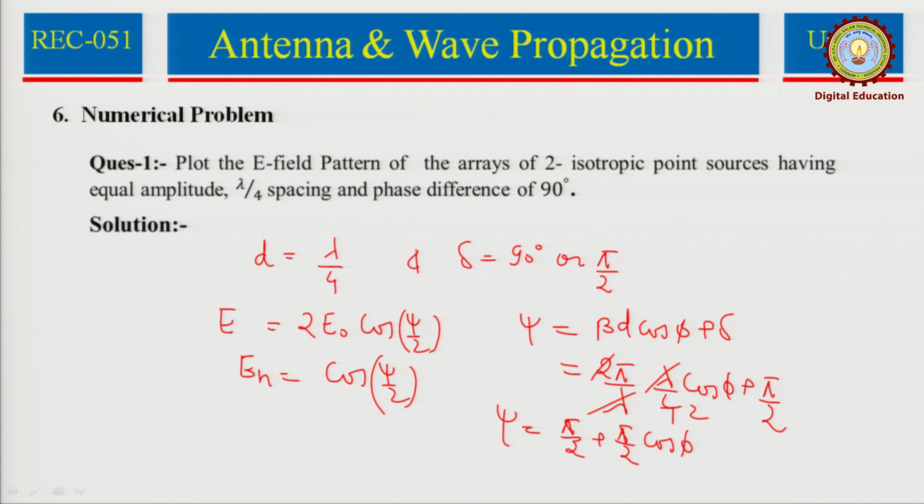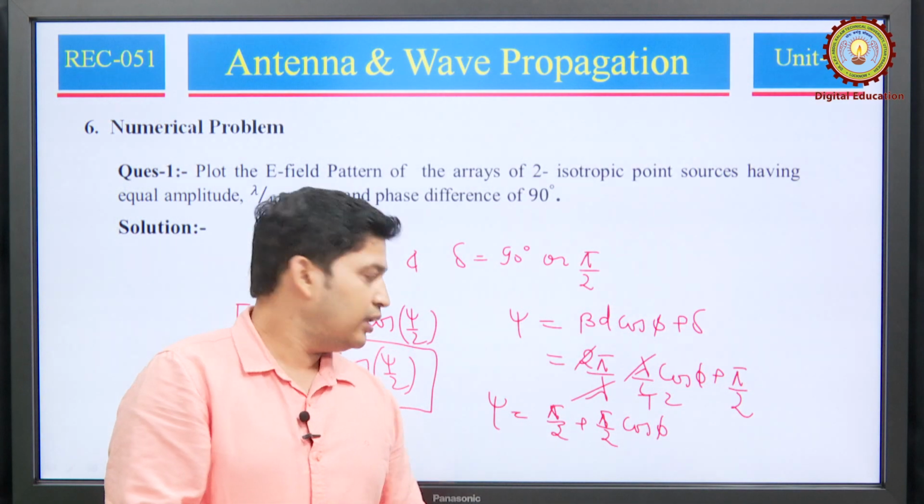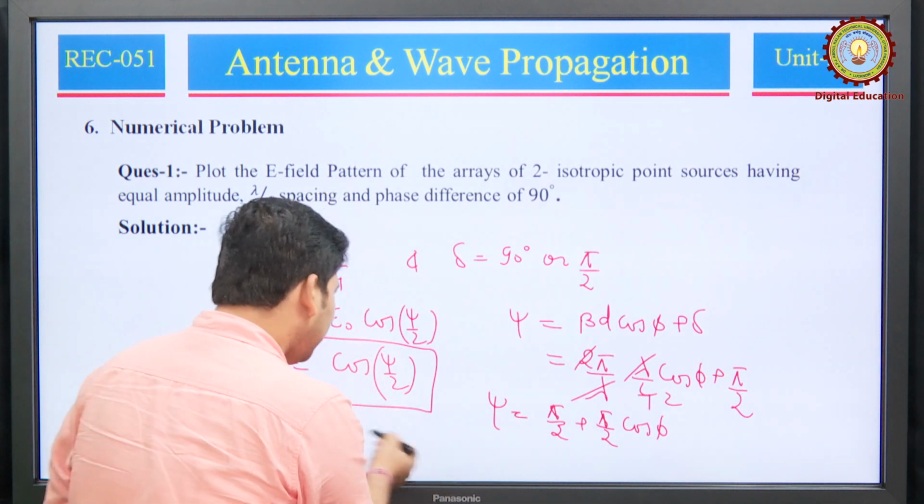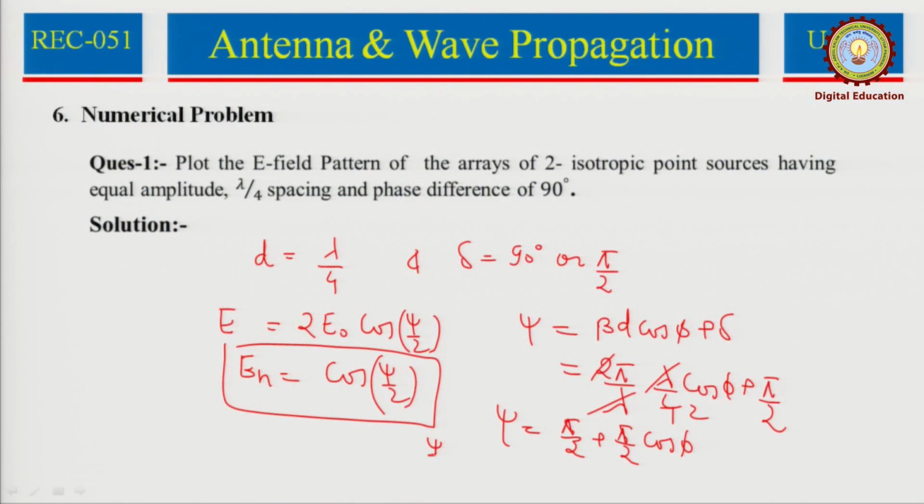Now, in this expression our normalized electric field value is a function of cosine, and its value is cos psi by 2. Now, here it is psi, so again you can simplify, psi by 2 is nothing but dividing by 2 both sides, pi by 4 plus pi by 4 cos phi.